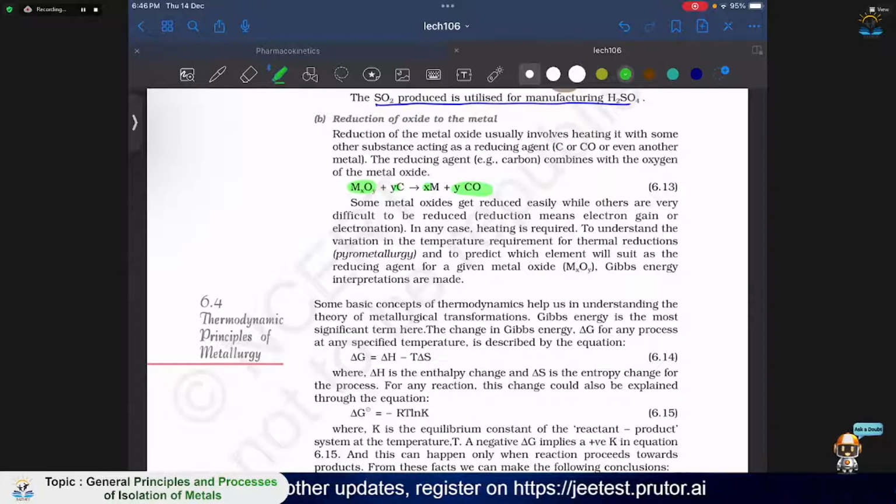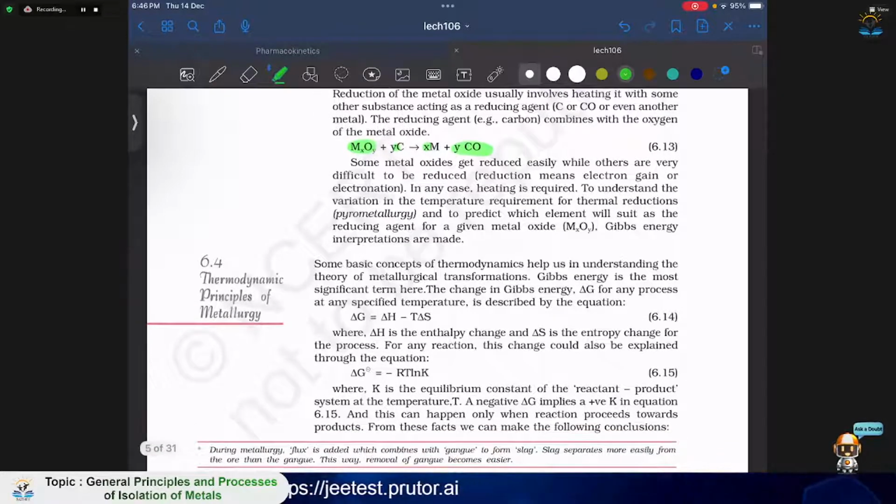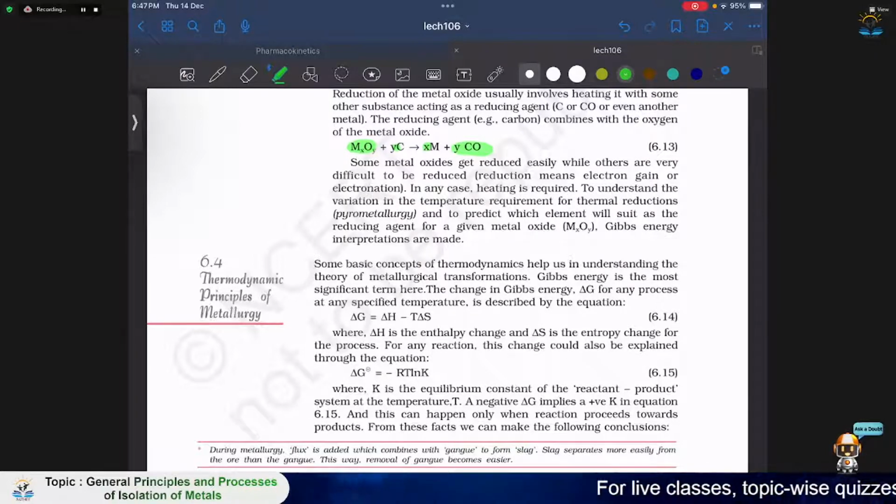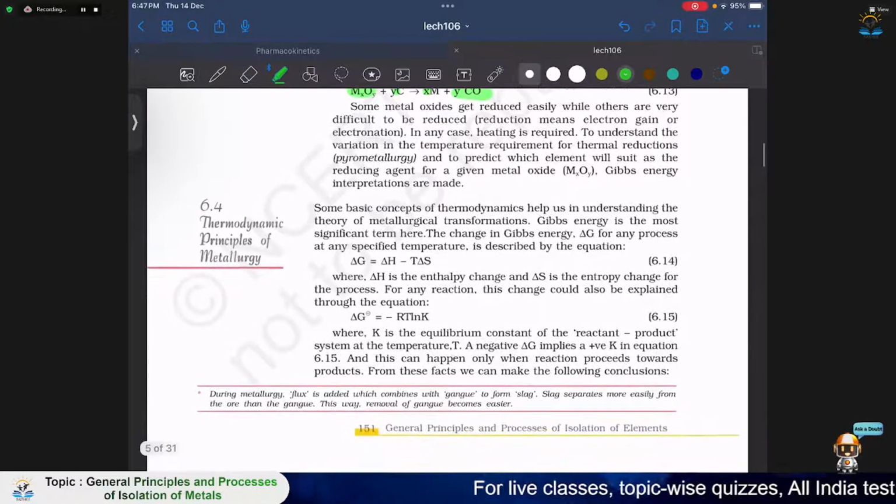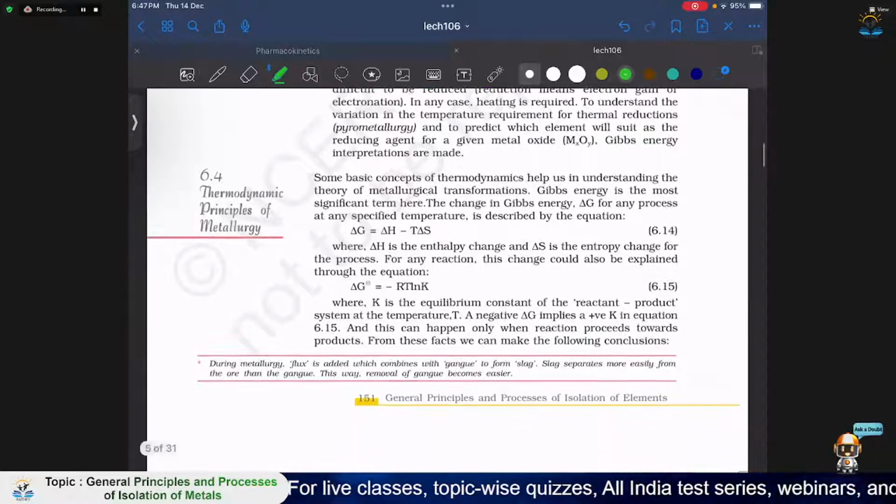It depends on their thermodynamic properties, temperature, Gibbs energy, all thermodynamic properties are factors playing roles in reduction of metals. Now we'll see what this reduction of metals is based upon. Basically, thermodynamic principles of metallurgy. We'll cover Ellingham diagram in the later section.